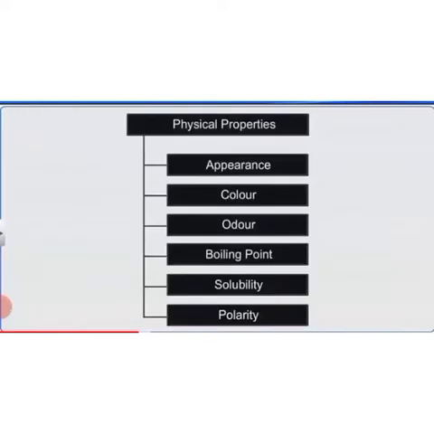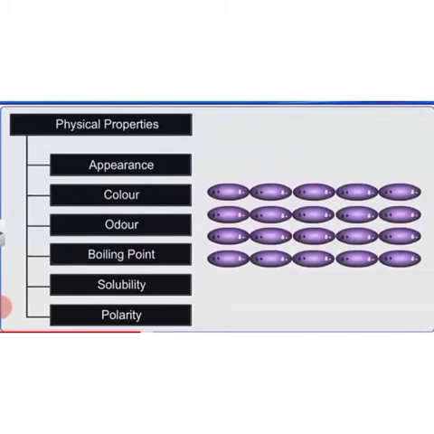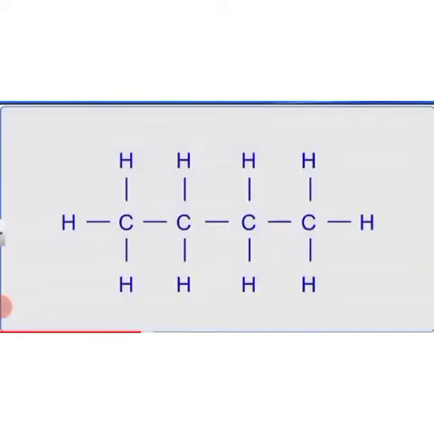First, let's look at the physical properties. These include appearance, color, odor, boiling point, solubility, and polarity, among others. These properties depend on the attractive forces working on the molecules. As we have learned, alkanes consist of only carbon-to-carbon and carbon-to-hydrogen single bonds.